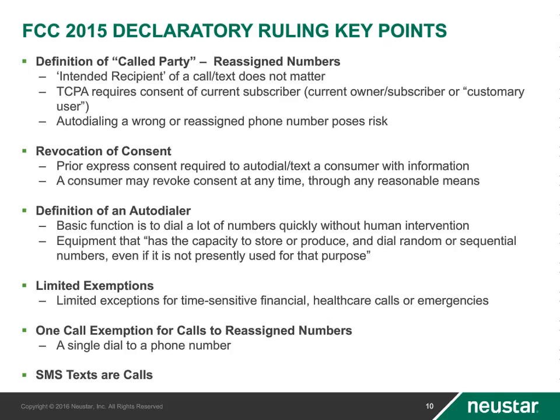But the question comes up, what happens if your solution allows for predictive dialing, but you instead place the calls in preview mode? Now, under this order, there are additional risks that plaintiffs can argue that the solution you're using is an auto dialer, even if you're currently placing the calls in preview dialing mode, and so on and so forth. So again, the only safe harbor, so to speak, that the FCC provided was for rotary phones.